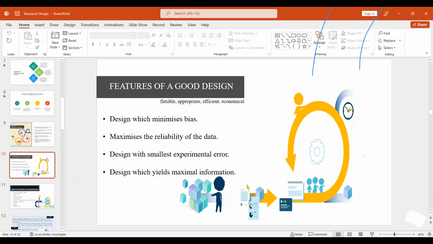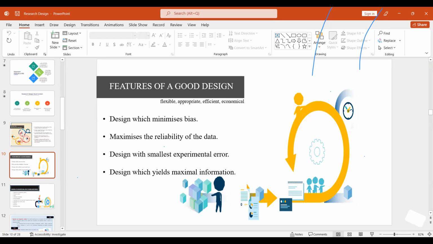In the case of reliability, if you relate it with a discipline like architecture, it would be better to use or determine the test-retest reliability. Then you can maximize it.